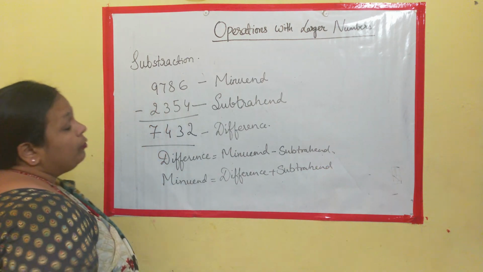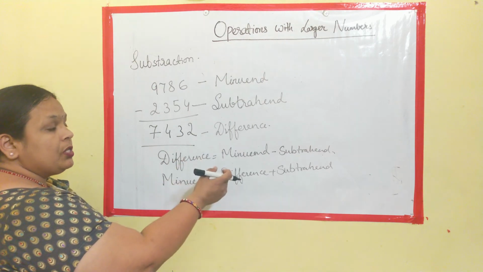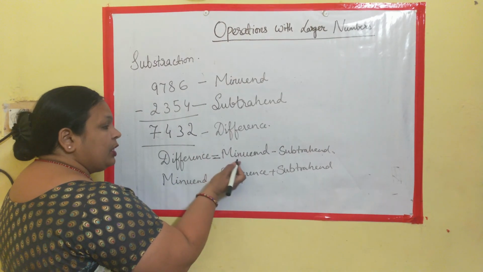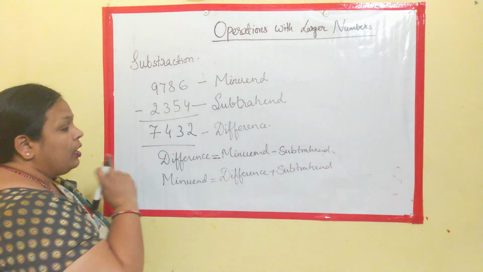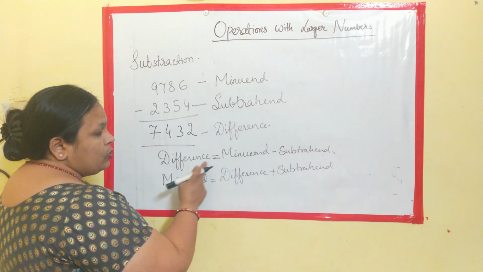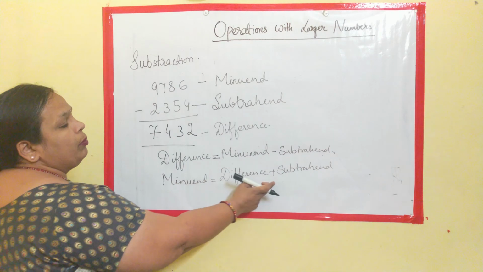That means from this equation we can simply change the positions. Now remember, when anything goes from one side to another, you need to change the sign. Like difference is as it is, we are finding the value of this. So for this what we did is, we have taken this one to the other side, that will become plus.